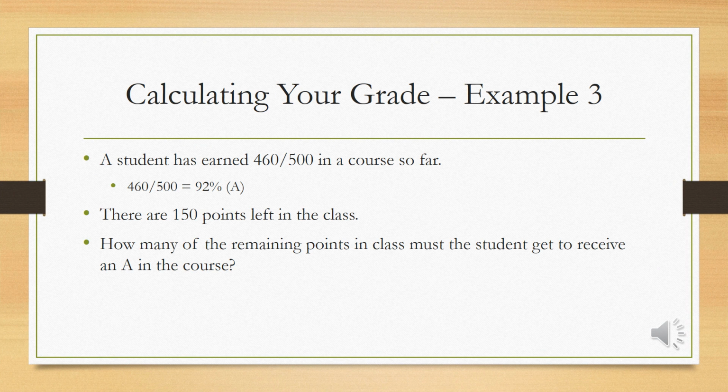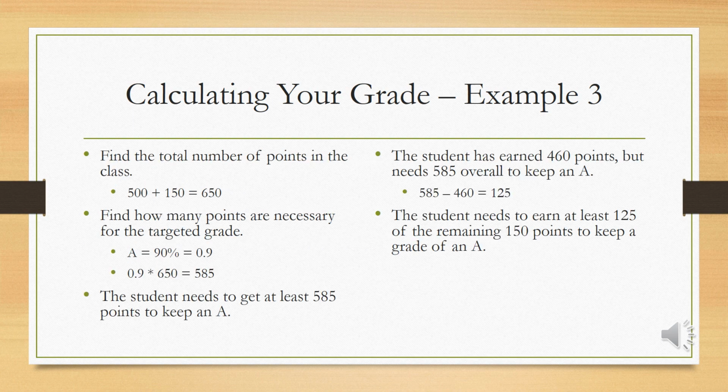A student has earned 460 out of 500 points in a course so far, which is a 92%, which is an A. There are 150 points left in the class. The student would like to know how many points they must get in order to keep their A in the course. First, we need to find the total number of points in the class. 500 points have already been assigned, and there's 150 left, which gives us a total of 650 points in the class.